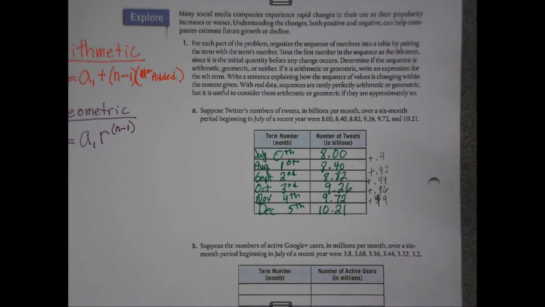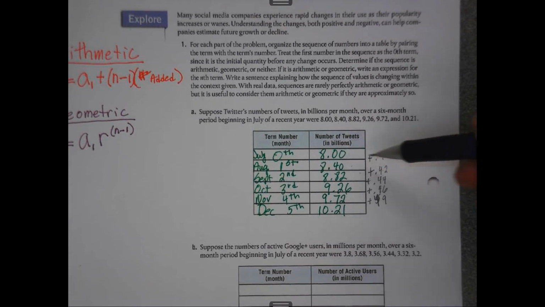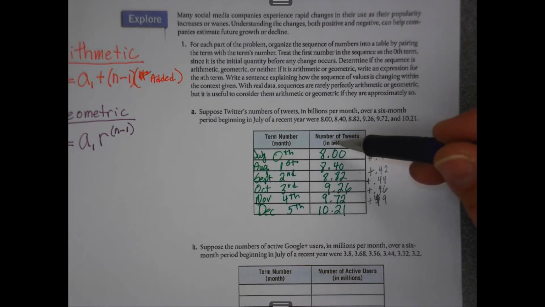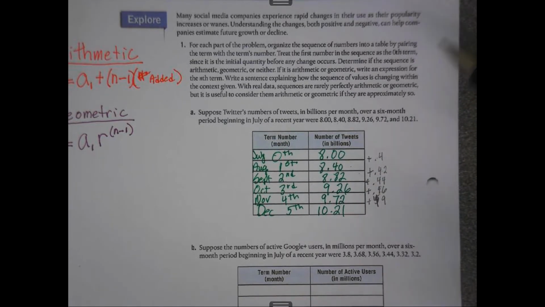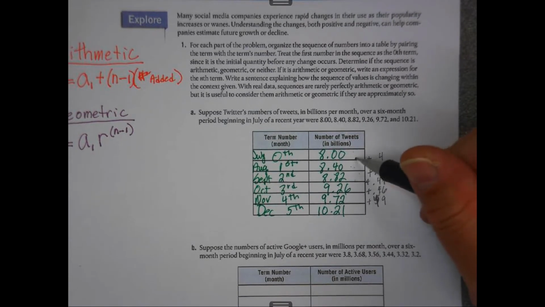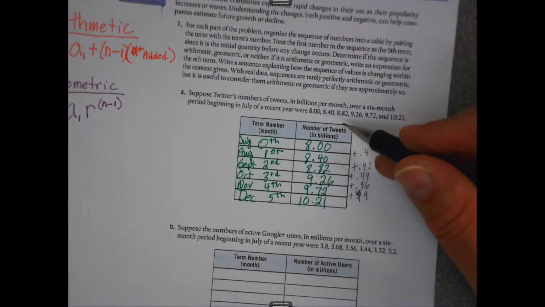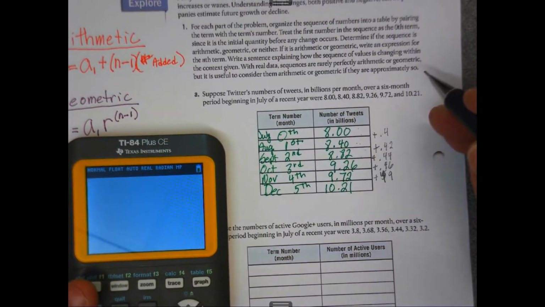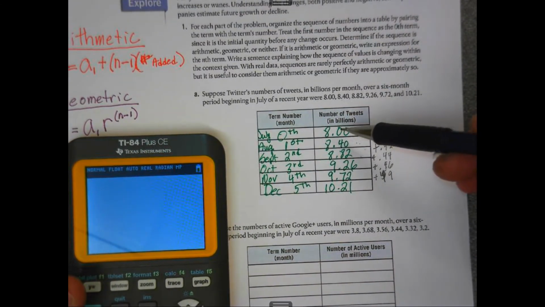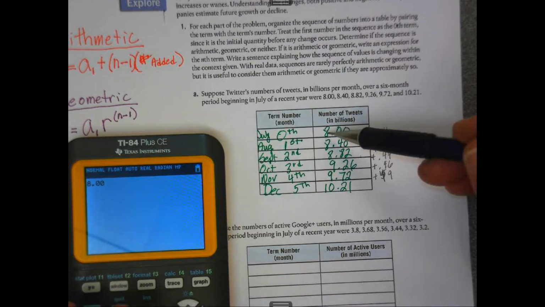So let's look at how I could look at this as geometric. Well, I'm going to look for something to multiply to get to the next number. So if I take 8.00, I need at least the 8.